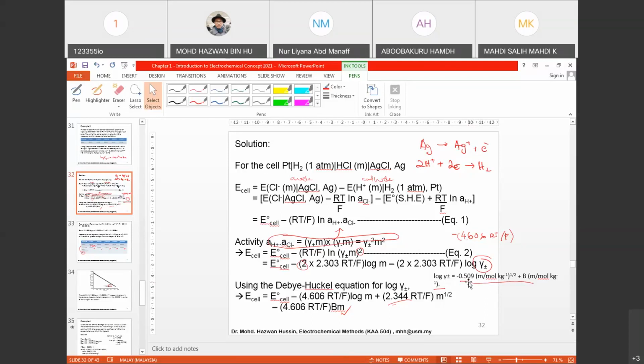So over here, you must account for the concentration. If you don't put the m value, then you cannot find the gamma plus minus, because the activity coefficient is always related with concentration. So I should put m concentration. Yes.